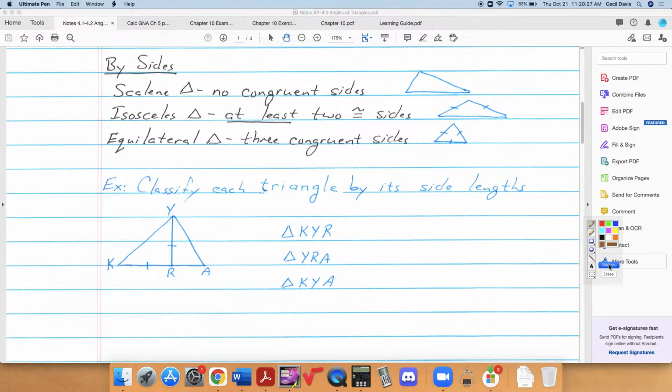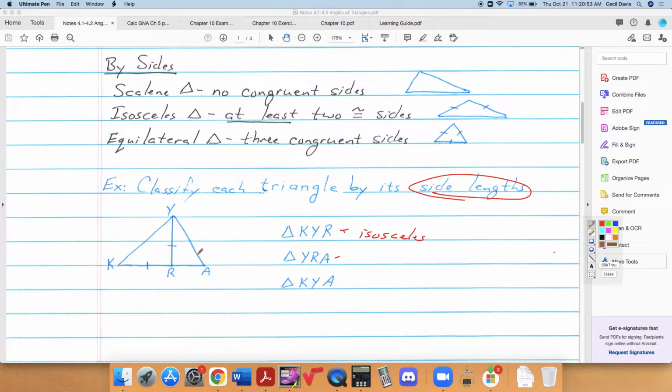All right, real quick, let's run through this and let's classify these by their side lengths. Triangle KYR, what kind of triangle is that? Isosceles, because it has 2 congruent sides. What about YRA? We're doing it by its side lengths.